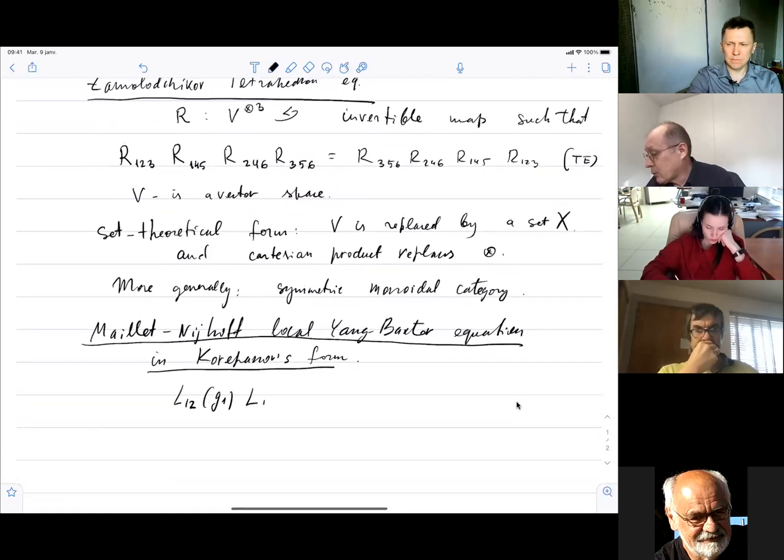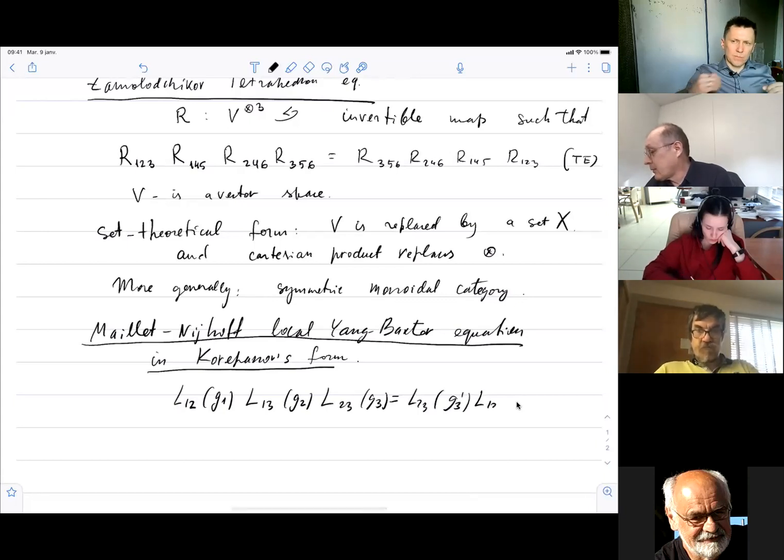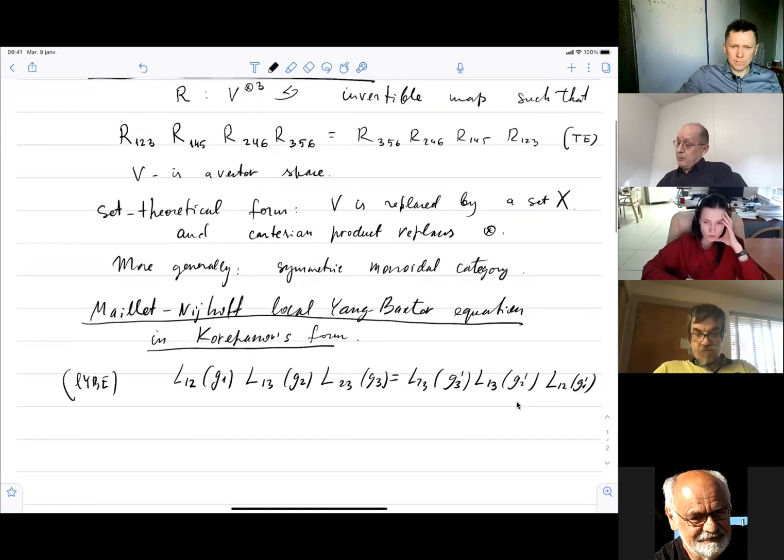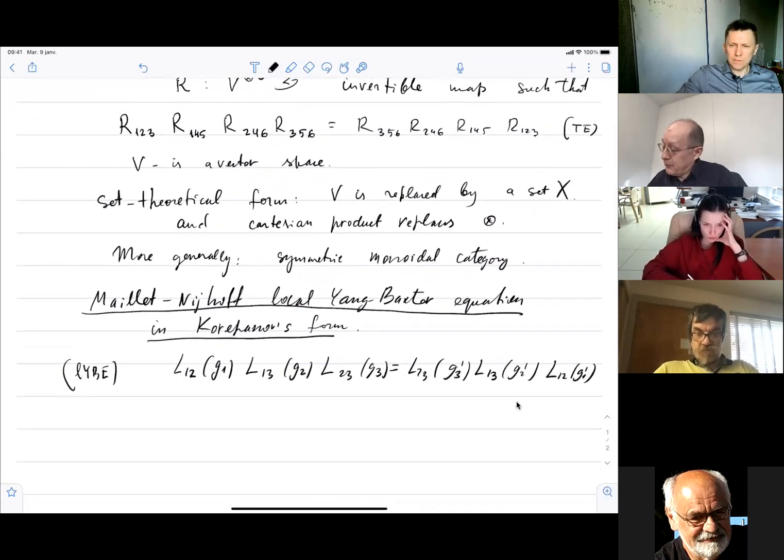L12(G1), L13(G2), L23(G3) equals L23(G3'), L13(G2'), L12(G1'). So let me use this identification of the equation, if I will be referring to it later on.